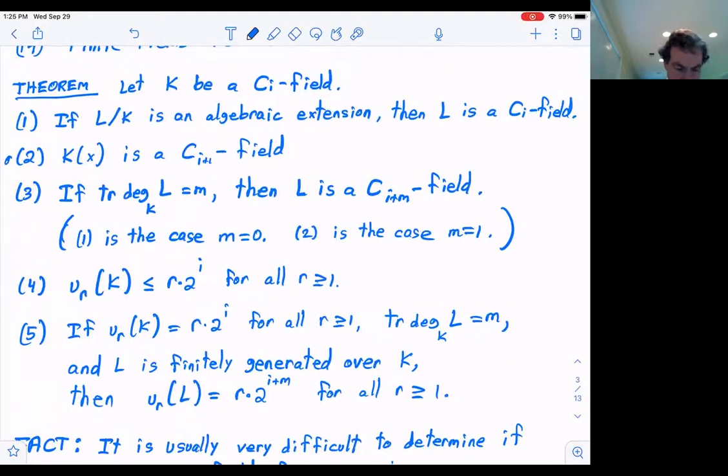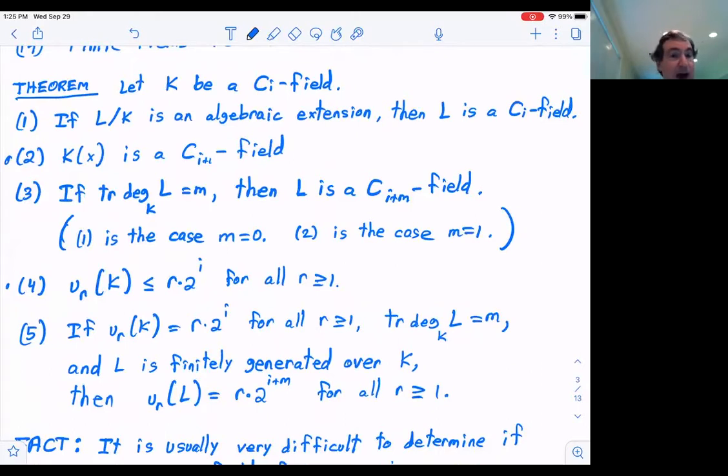What about number 4? To specialize to systems of quadratic forms, so number 4, u sub r of K is less than or equal to r times 2 to the I. That's just using the definition.